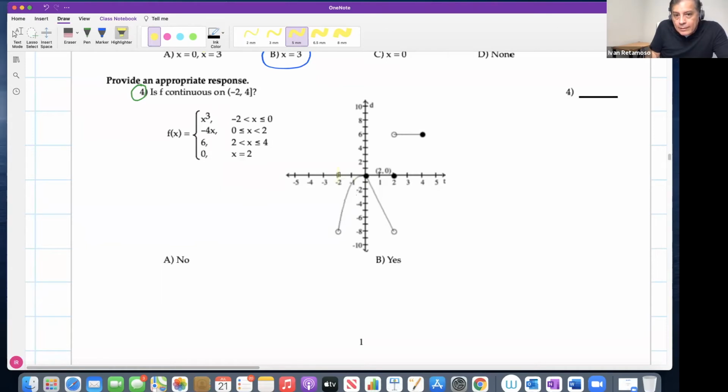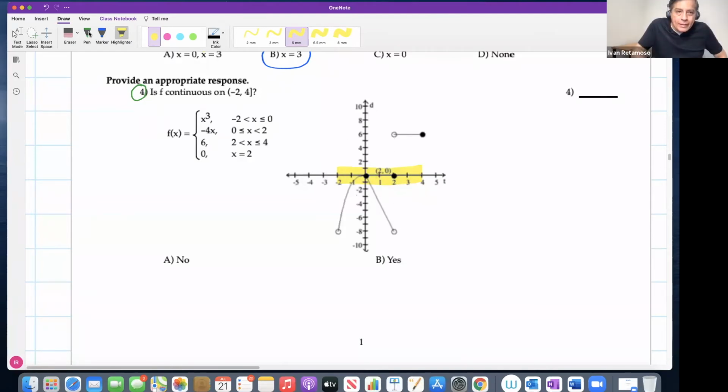Over the interval minus 2 and 4. Over this interval, is it continuous, this piece? Yes? Be careful there. No. Someone said no. Adrian, no. Oscar, no. Yeah, no. The problem is that over this interval, look, there is a jump there. You see it?